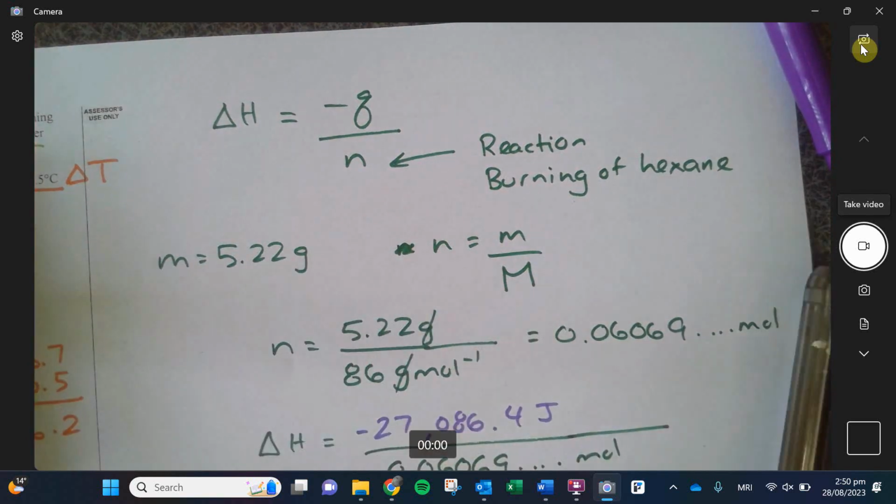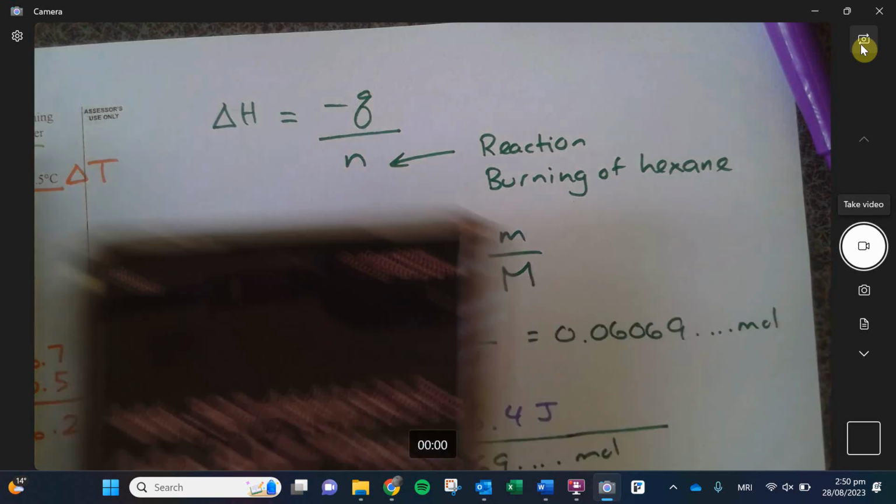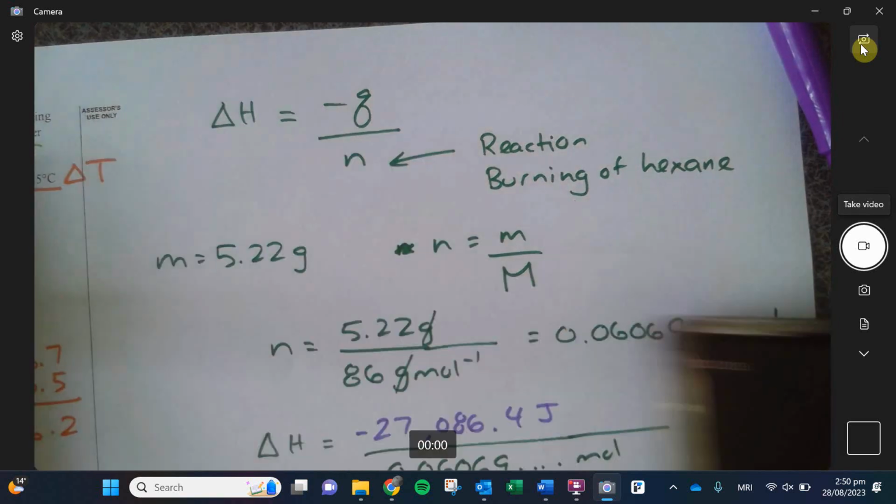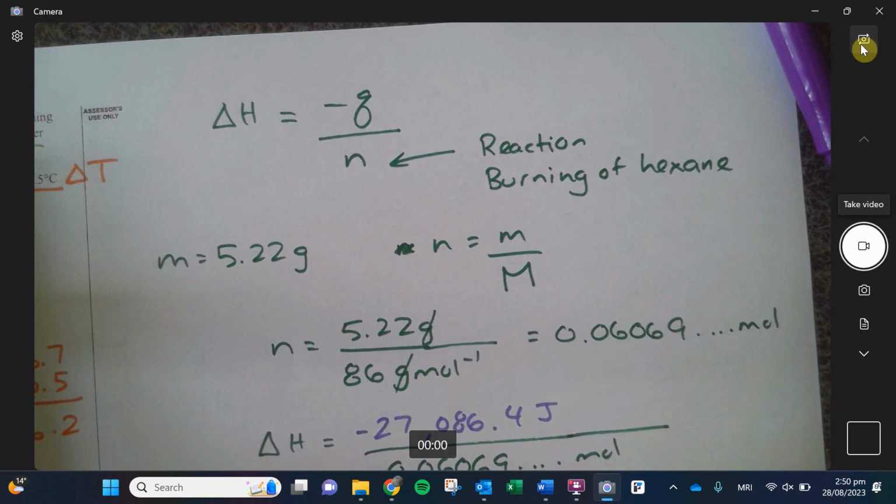All right, so 27,086. All right, cool. I get my delta H equals 446,309 with lots of numbers after it, and that's joules per mole.